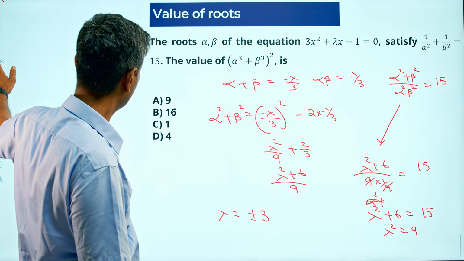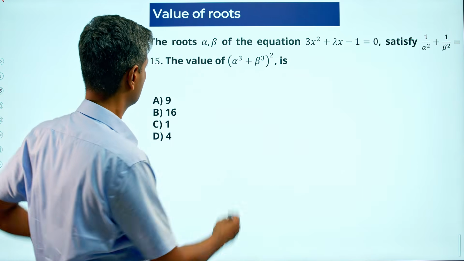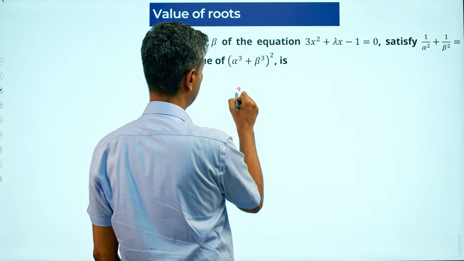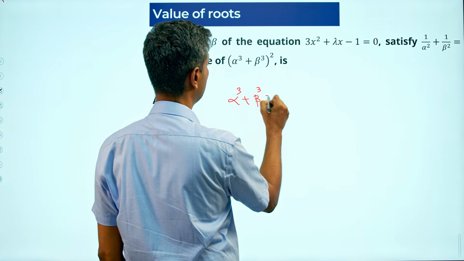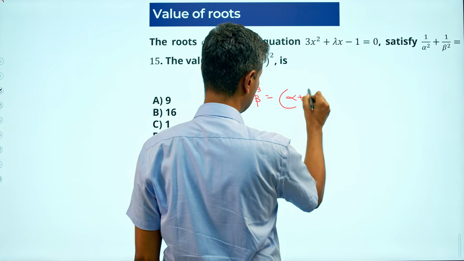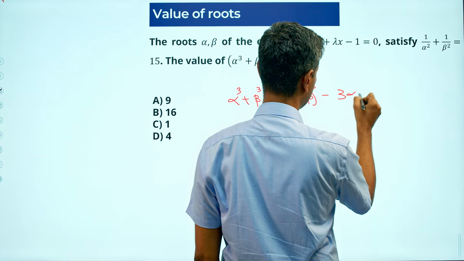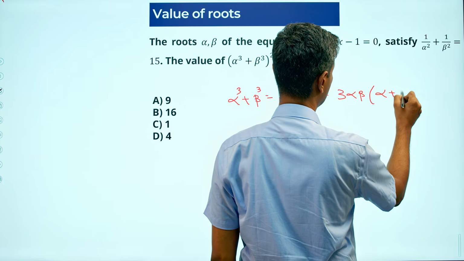Alpha cube plus beta cube is what we want to find, and its whole square. Alpha cube plus beta cube is alpha plus beta the whole cube minus 3 alpha beta times alpha plus beta.